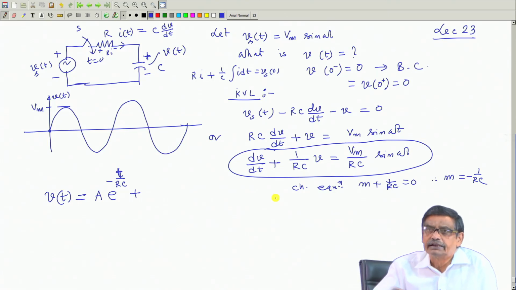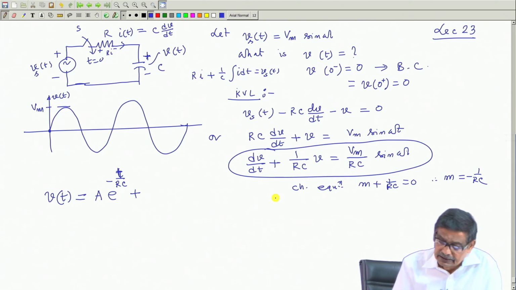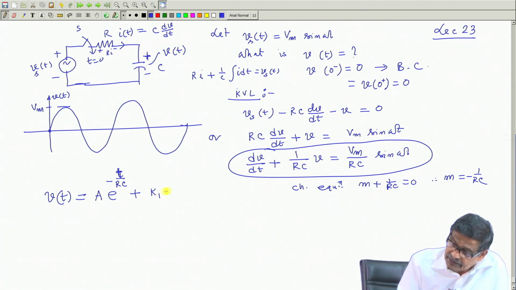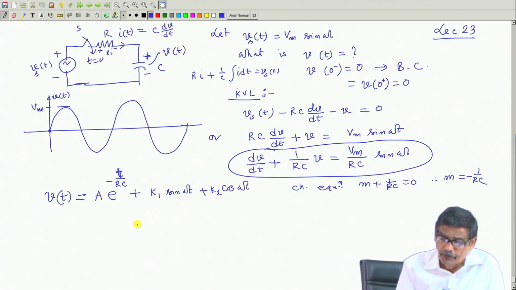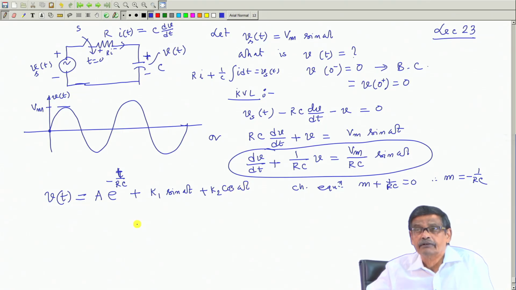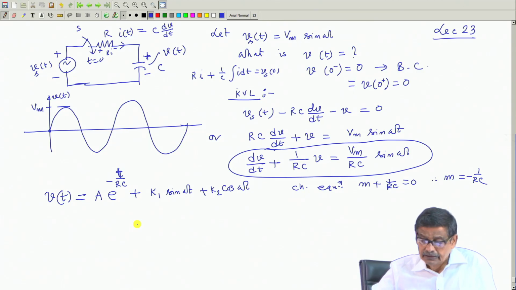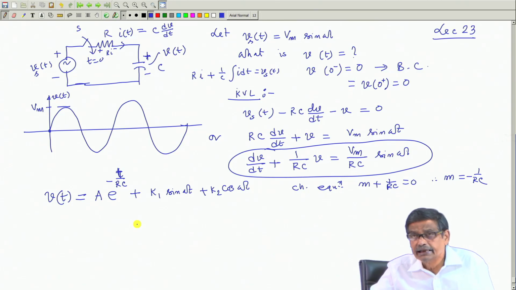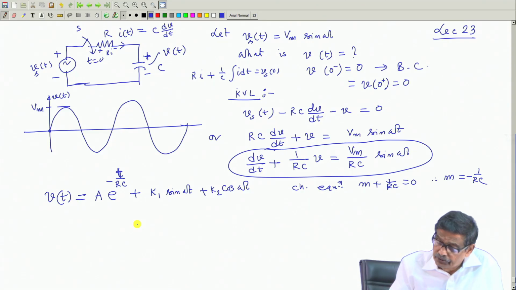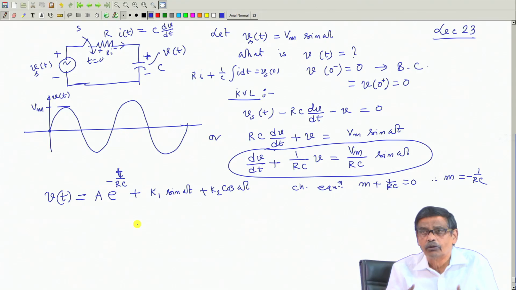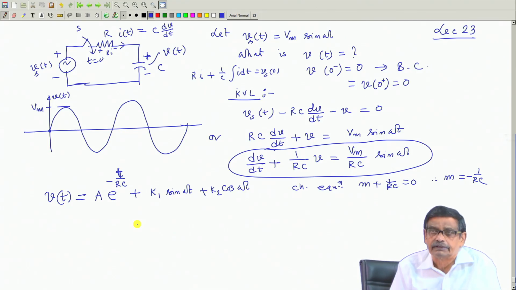The higher order derivatives will only yield sine and cosine terms. So, all sine terms you group together into a big constant k 1 sin omega t, plus k 2 cos omega t. Got the point? It is the same as I did in the case of finding current in an RL circuit. This is the nature of the solution, and if you have understood this expression, your only job left is k 1, k 2 and A. You have almost solved 70% of the problem the moment you write this.